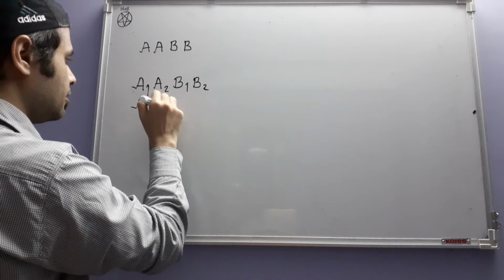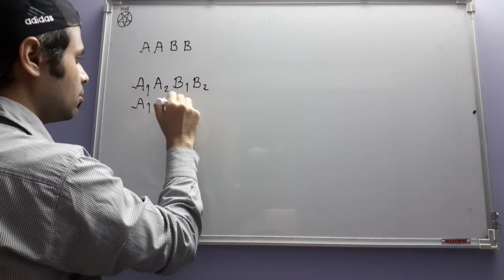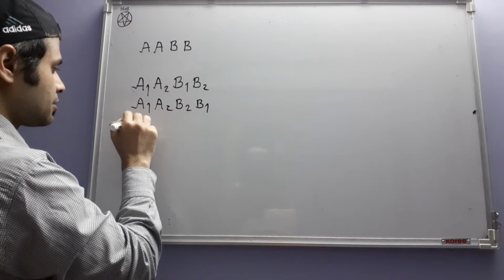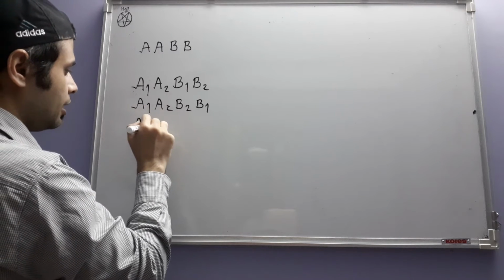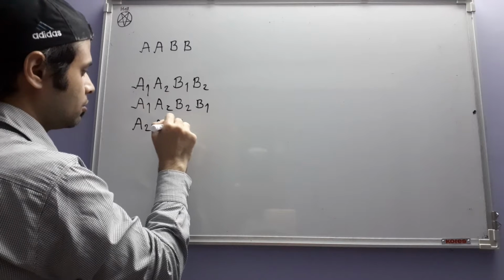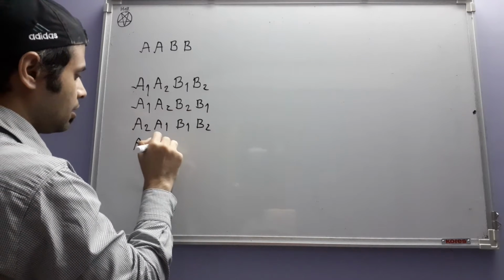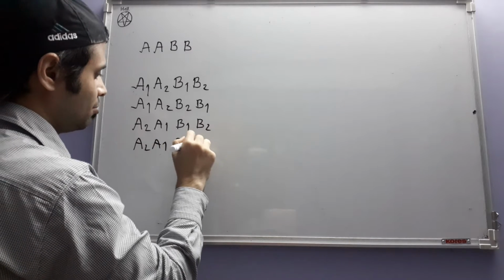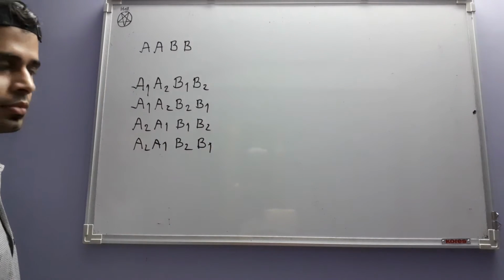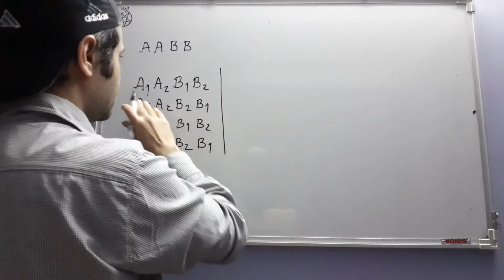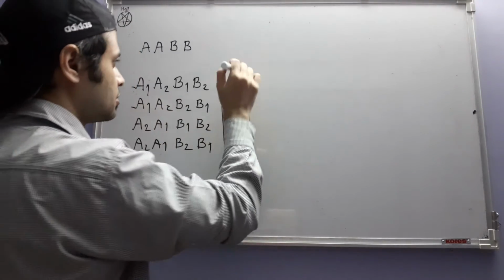Then I can write A1, A2, B2, B1, or I can change the first two, A2, A1, B1, B2, A2, A1, B2, B1. Okay. Then in another column, I can now change the positions.